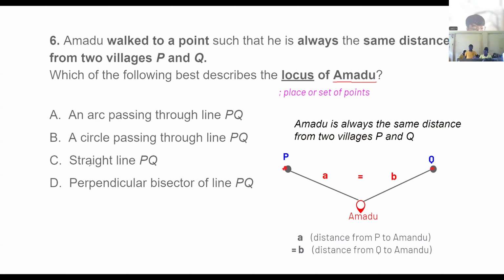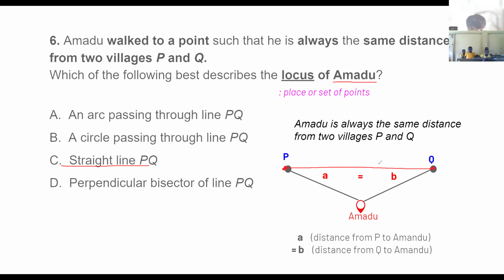Did you say C? So C, the straight line from P to Q. So the straight line from P to Q is just this, right? And Amadou is not really in a straight line.